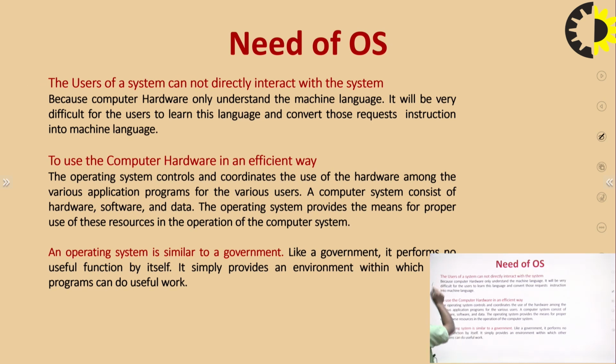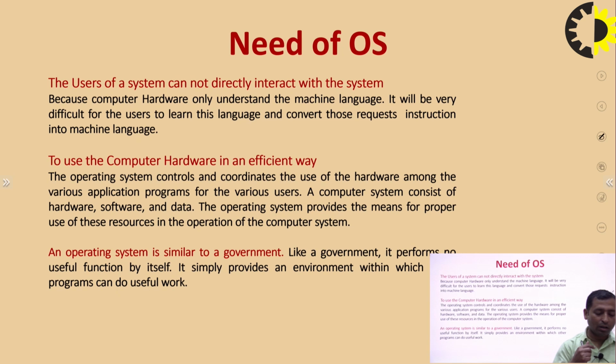So the first need of operating system is that the user of the system cannot directly interact with the system, because computer hardware only understands the machine language in the form of 0 and 1. It will be very difficult for the user to learn this language and convert those request instructions into machine language. For example, if you want to add a plus b, to instruct the machine how to perform the addition a plus b, we will have to instruct the machine in machine language form.